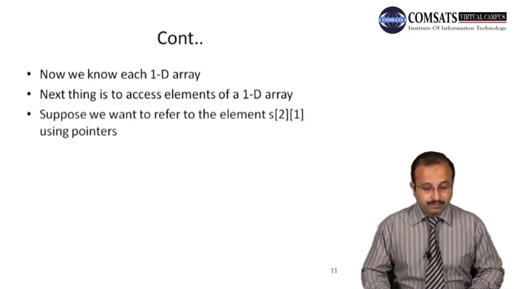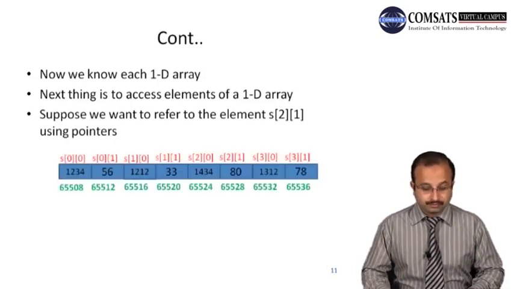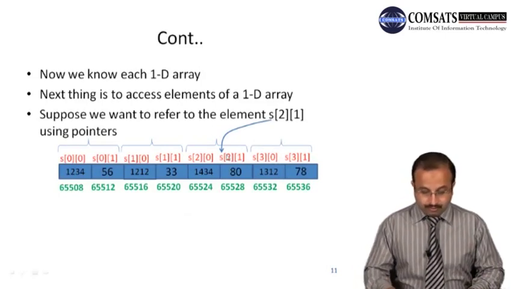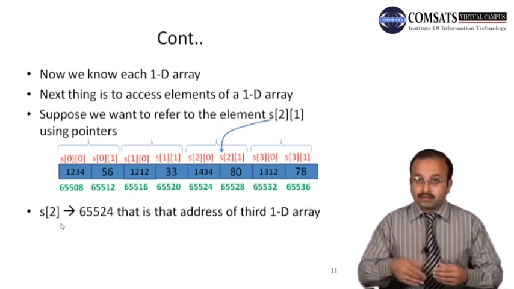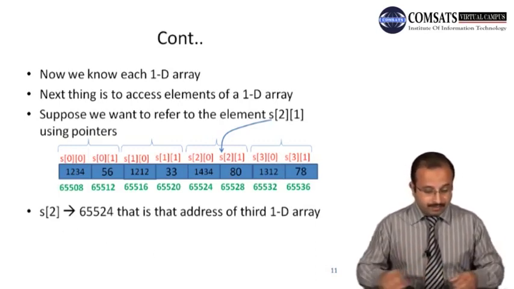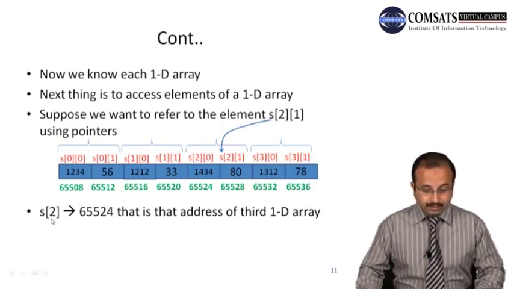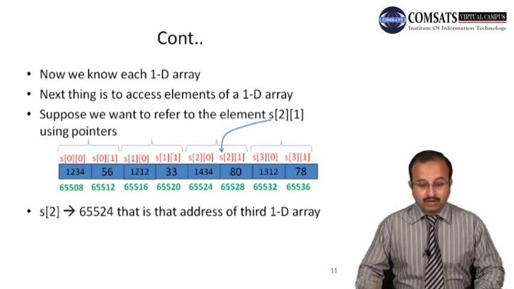So suppose we want to refer to the element number S21 using a pointer. So that is this element. So we can write it like S of 2, so we will start step by step. S of 2 gives the base address of the third one dimensional array.